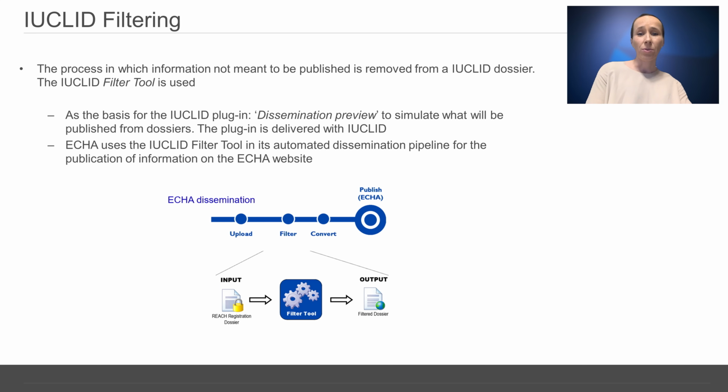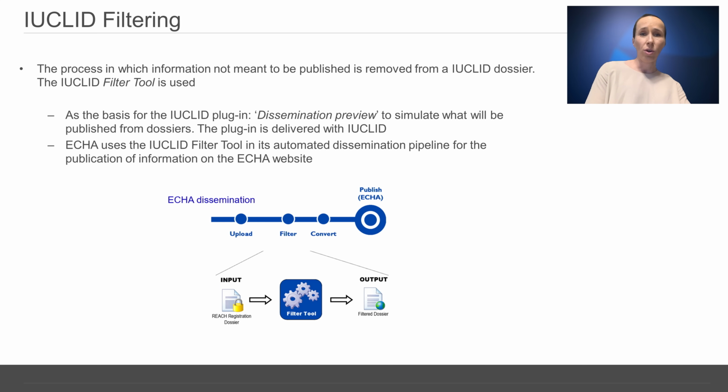The filtering process is run by a Euclid filter tool. The Euclid filter tool is programmed with filter rules, and a filter rule is applied for each Euclid field to determine whether the field content should be published or not.